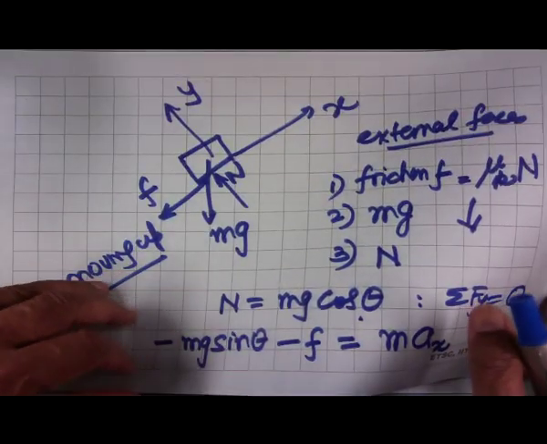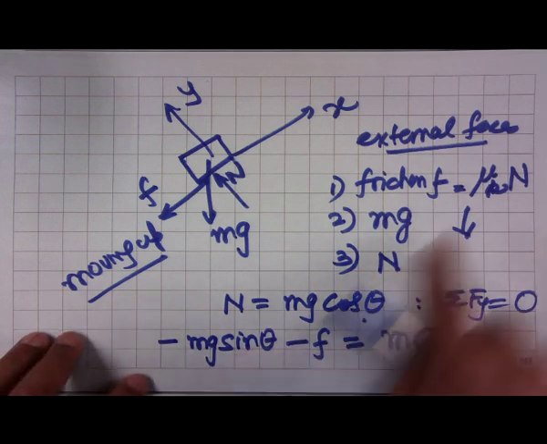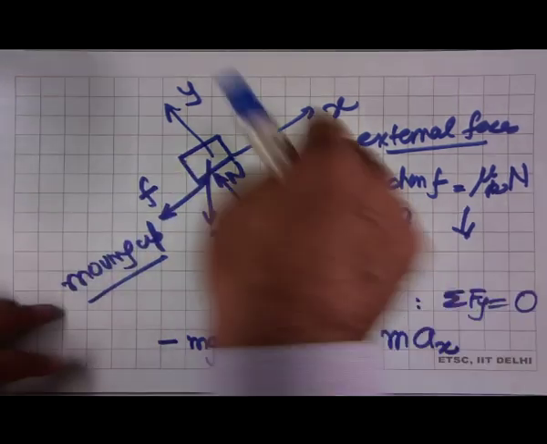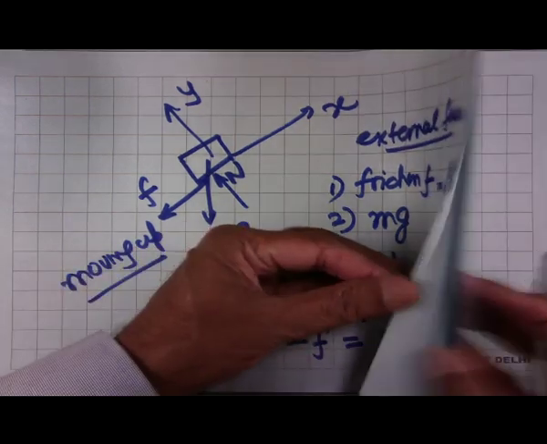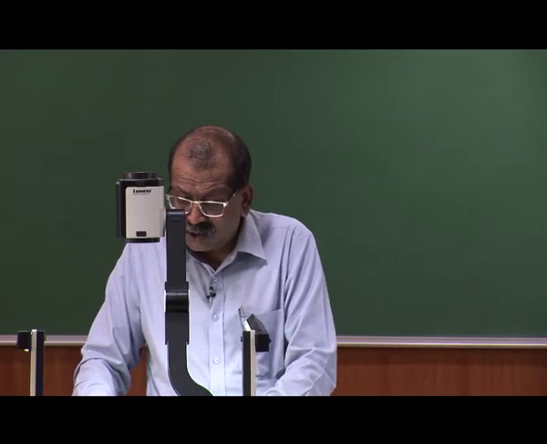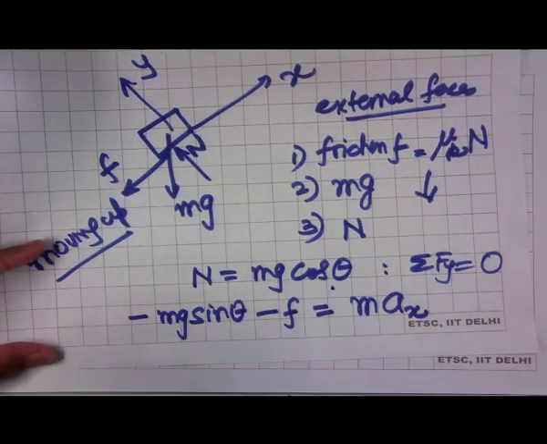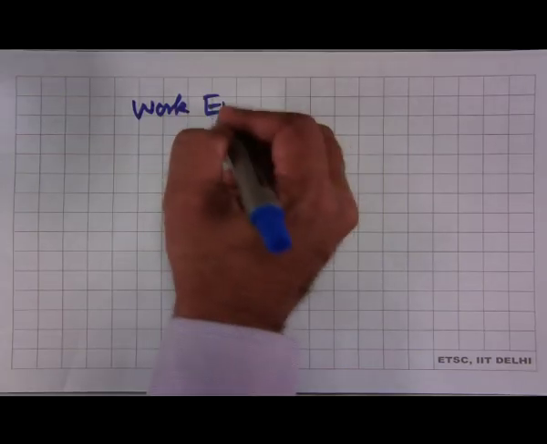Well, when it moves down, it will be a separate story, the friction will again be equal to mu k n, but its direction will change. Right now, it is in the minus x direction when the block is moving up. So, what we do is, instead of solving this equation, finding the acceleration and then relating it to distance d, we use the work energy method.